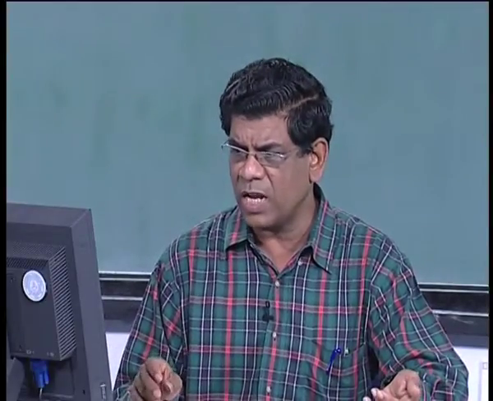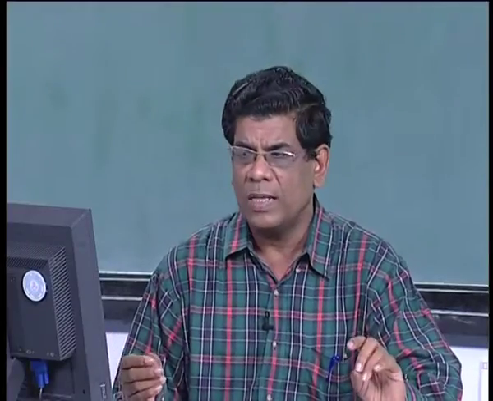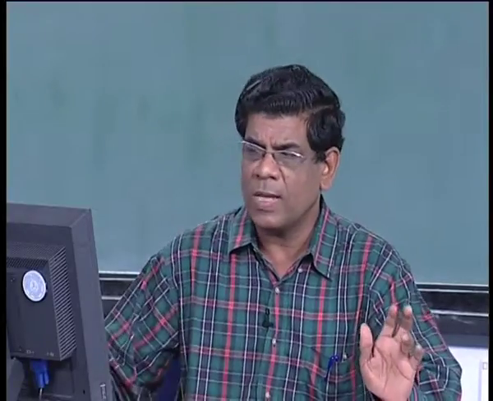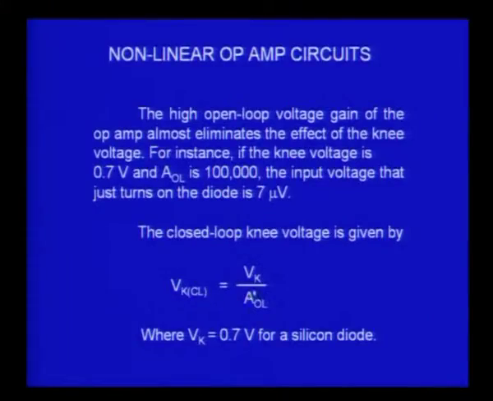Now, you can see on the screen, I will tell you what happens. When I have an op amp, the op amp has got an open loop gain of about 10^5, 100,000 as the open loop gain typically. So, if I have 0.7 volts as the cut-in voltage in the case of a normal silicon diode, then if I use an op amp, the cut-in voltage for the closed loop will be equal to Vk divided by AOL, where AOL is the open loop gain of the operational amplifier.